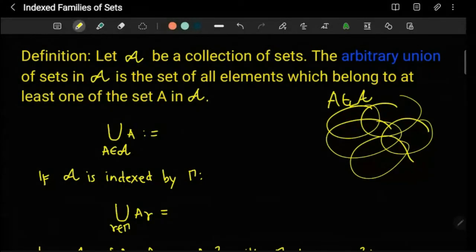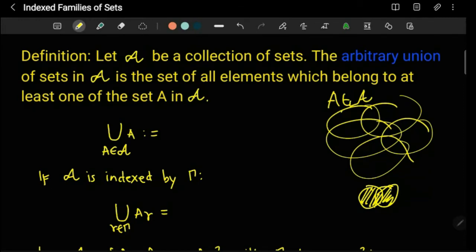So, what we mean by union is any X belonging to any of these A's belong to the arbitrary union. Very similar to two sets. Di ba? Two sets, kukuha ka lang either it's in A1 or in A2. All of them belong to the union. So, ganun din.